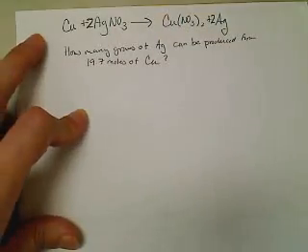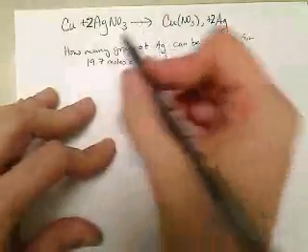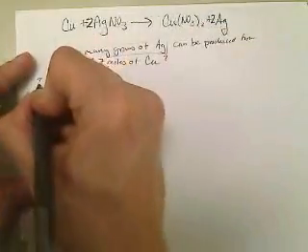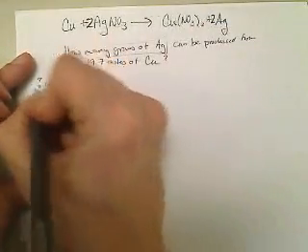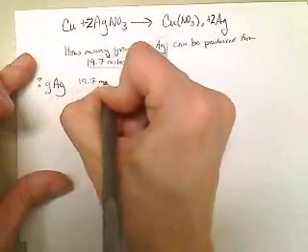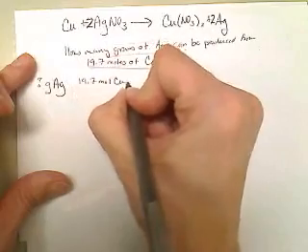All right, so we're looking for grams of silver. So the way I want you to do this, question mark, grams of Ag, because this is what we're looking for. We're starting with 19.7 moles of copper.